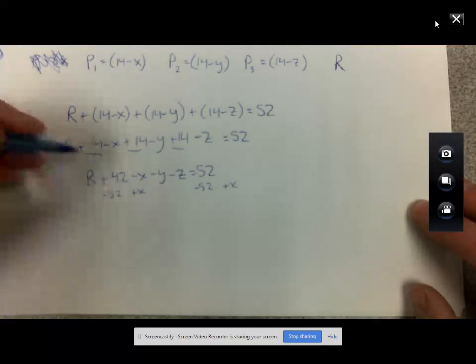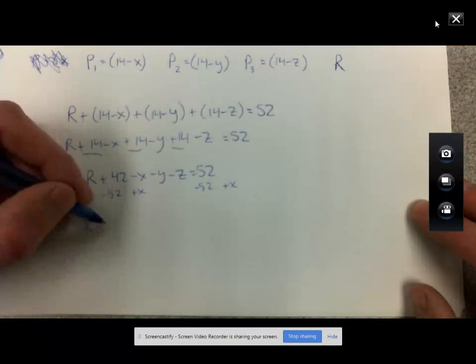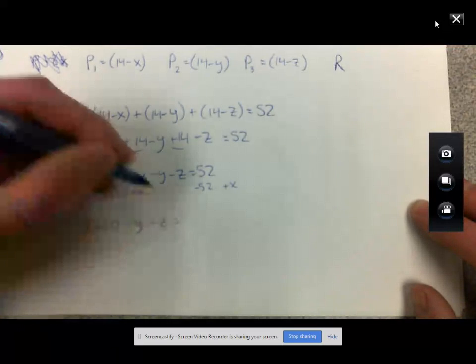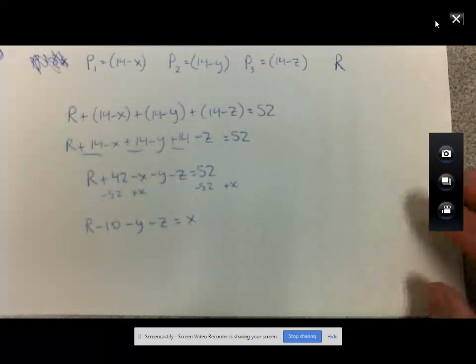So 42 minus 52, we'd have negative 10 minus Y minus Z equals X.